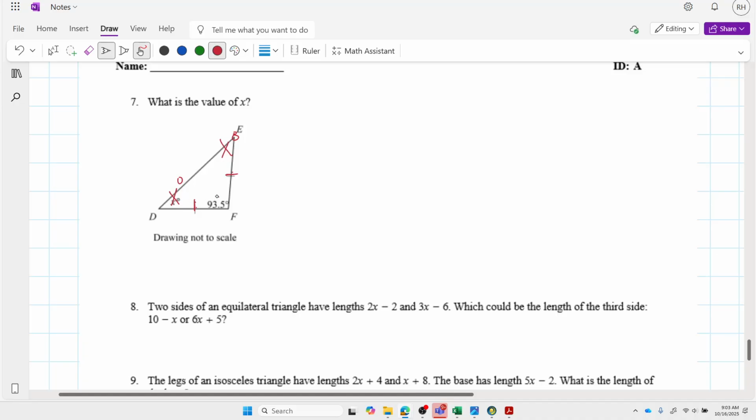So this number in here is a 93.5. So again, we have x plus x plus 93.5. That's 2x plus 93.5 equals 180.